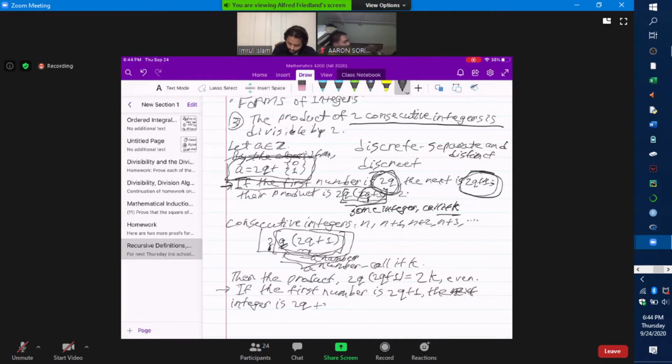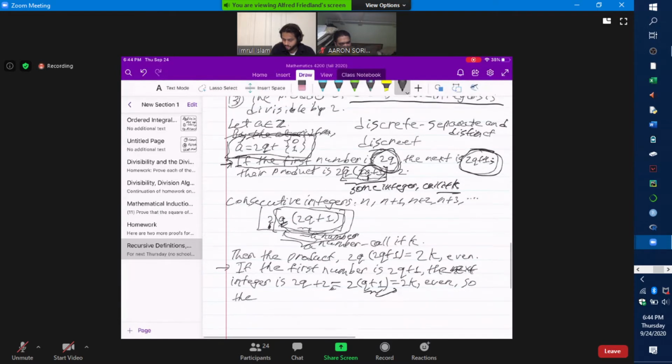I'll just write 2q plus 2, which equals 2 times q plus 1. And by closure, this can be written as 2 times k, which is even.